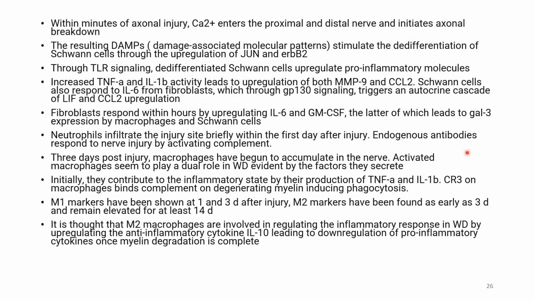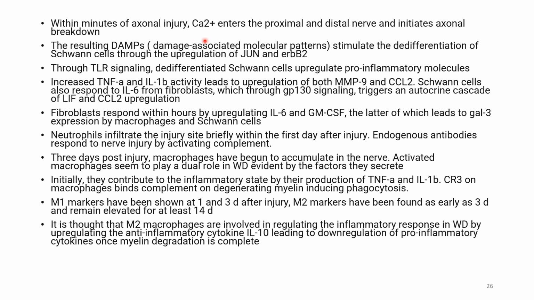You can see here, within a few minutes of axonal injury, calcium initially enters the proximal and distal ends of the nerve and it initiates axonal breakdown. The axonal breakdown will result in DAMPs formation, that is damage associated molecular patterns. They will stimulate the de-differentiation of Schwann cells through the upregulation of JUN and ERBB2. So calcium is entering and initiating axonal breakdown.